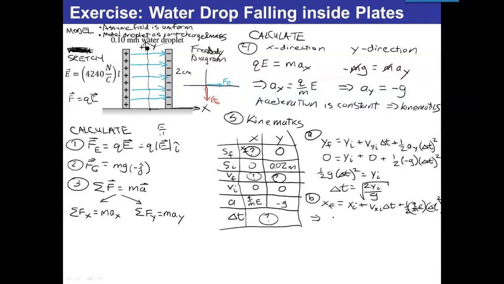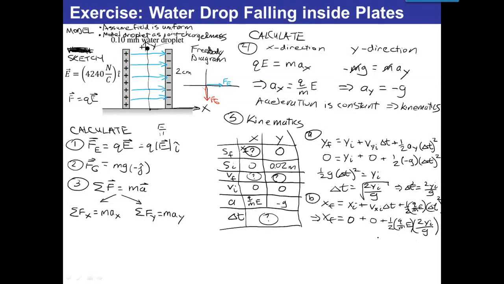So x final, that's what we're looking for. X initial we said was 0. It starts over here. And there's no initial velocity, 0. So we can put some things in here: 1/2, we already have the q over m E. T squared is equal to 2 y sub i over g, so we can stick that in here.